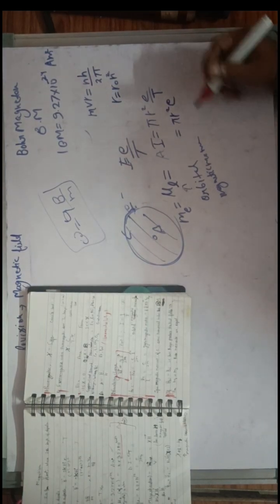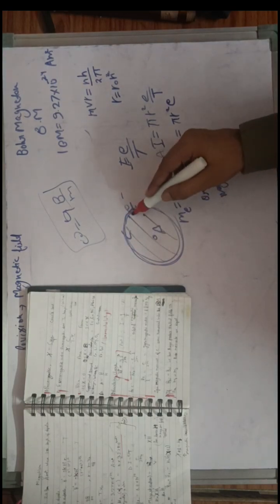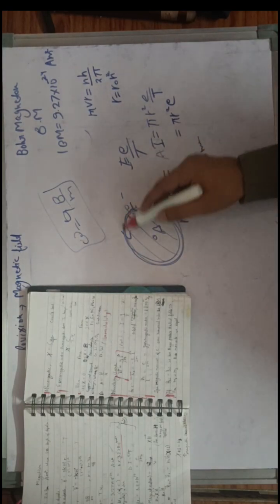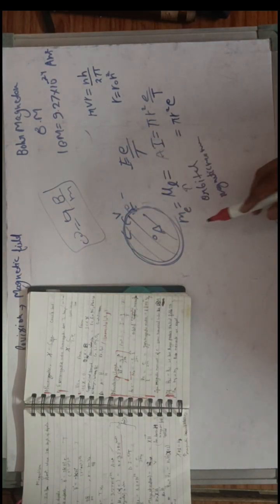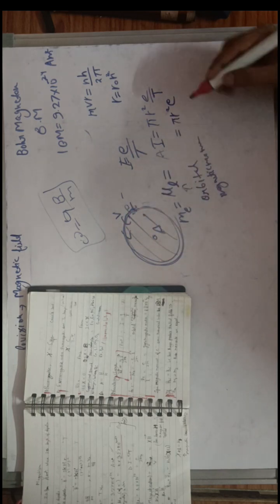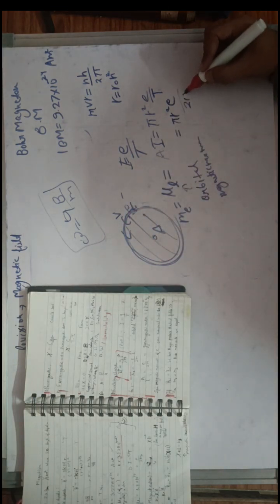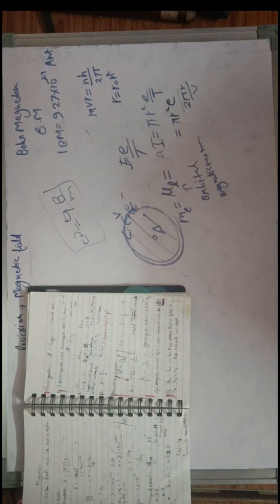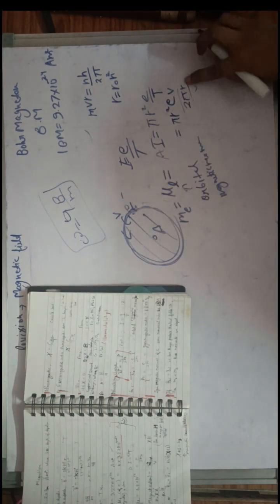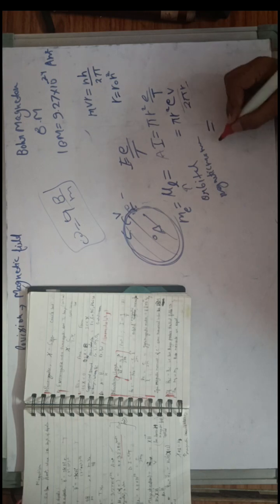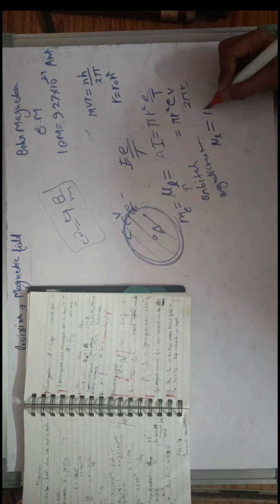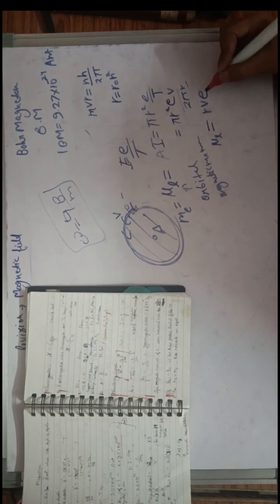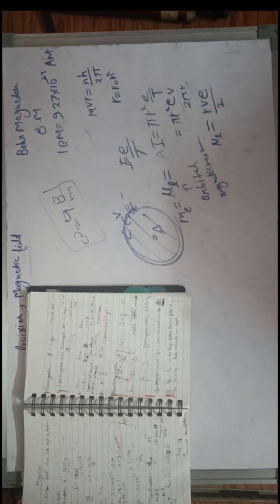The time period can be written as the total length divided by the velocity. Let's say the particle is moving with a velocity v, and this whole circumference length is 2 pi r, then dividing by the velocity we get the total time taken to complete one circle. Then mu L will become equal to pi, r cancels r, pi cancels pi, we get rv into e divided by 2.